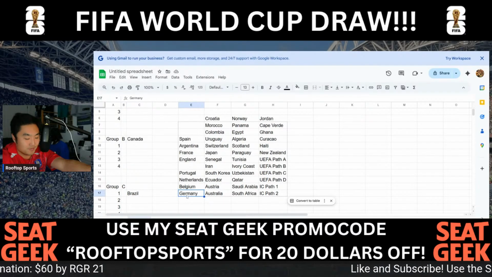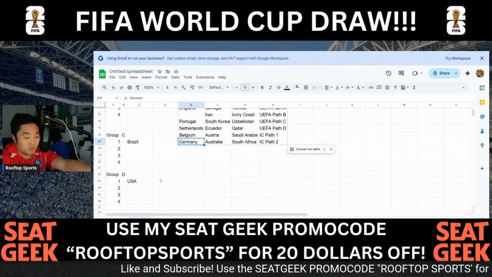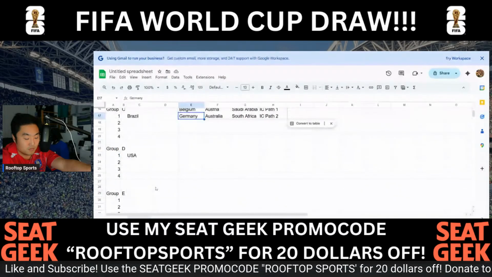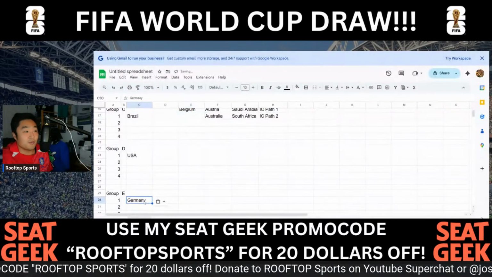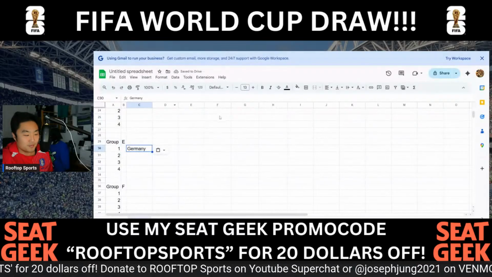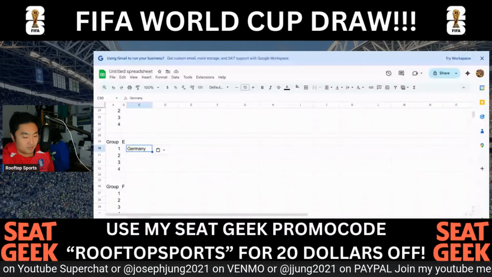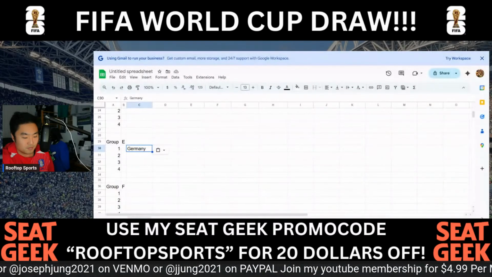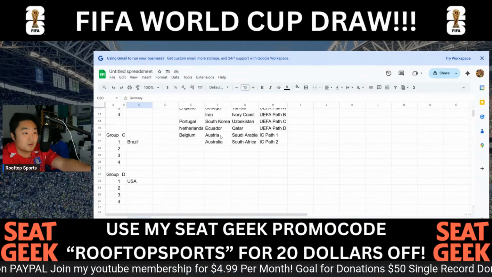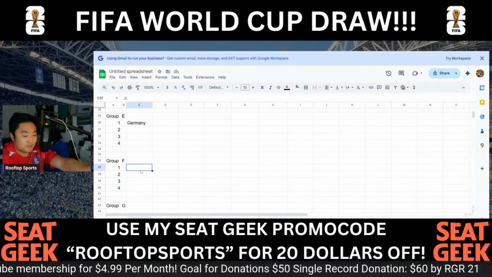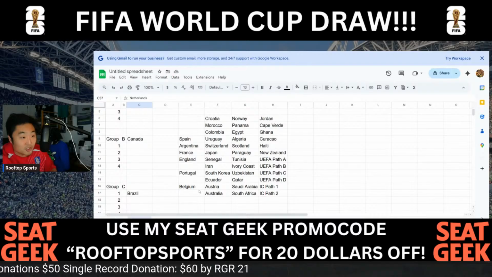Germany. Germany's going to Group E for anyone that's wondering. Netherlands. They're going to Group F. And now we got Spain, Argentina, France, England, Portugal, and Belgium.